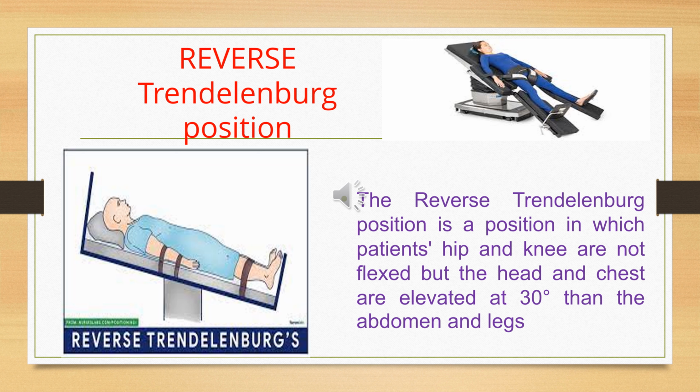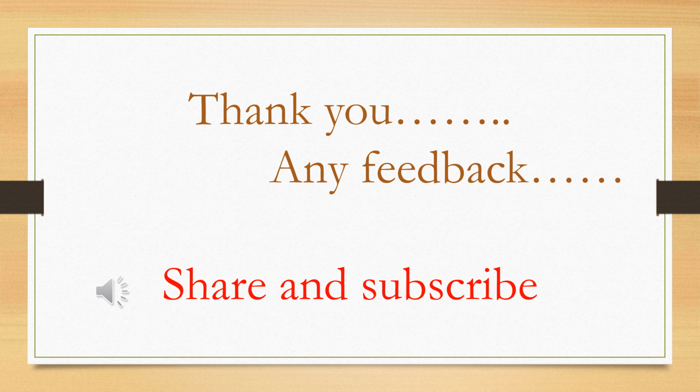As supine and prone positions are opposite to each other, in the same way, Trendelenburg and reverse Trendelenburg positions are opposite to each other. So this was all about positions used during various surgical procedures.